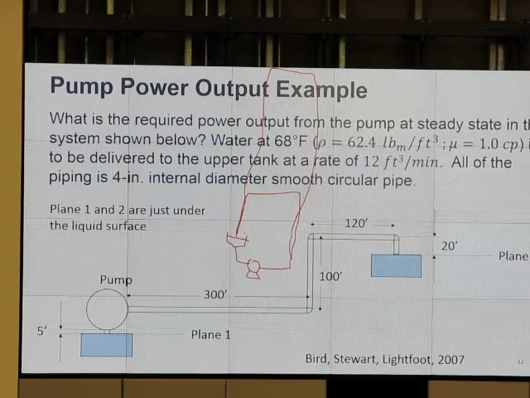So the horsepower, you may need to know, what if we flow almost all the way? Just start at the top left corner. What is the required horsepower? Okay, so that is all the height. Okay, you good?